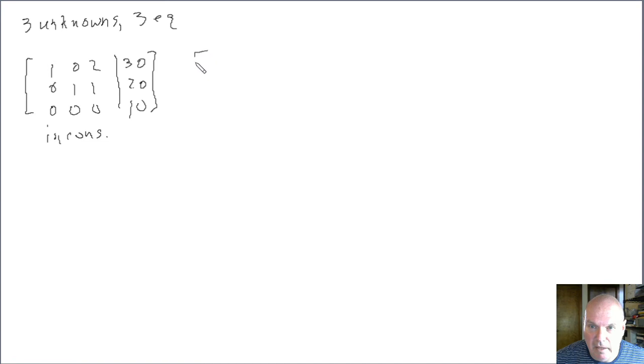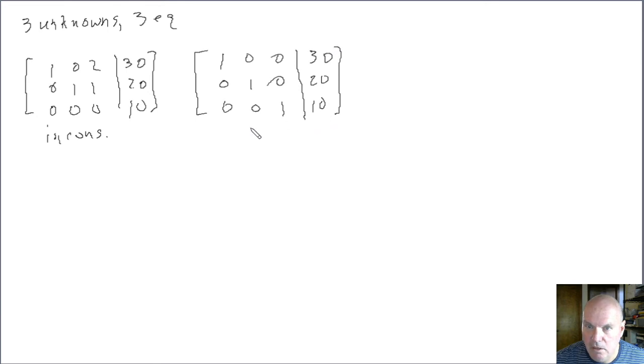Okay. I might get something like this. Here, the coefficient matrix has been reduced to the identity matrix, with 30, 20, 10. Again, this would be for a different linear system.